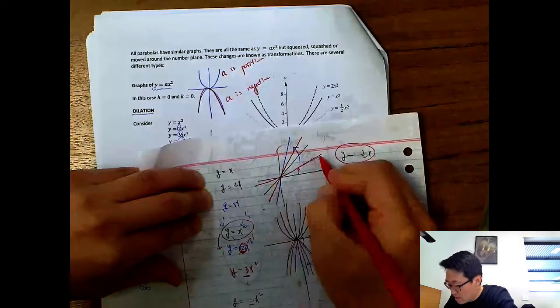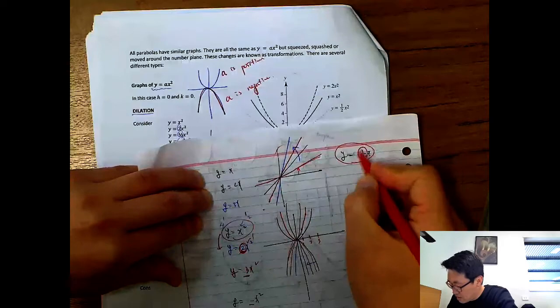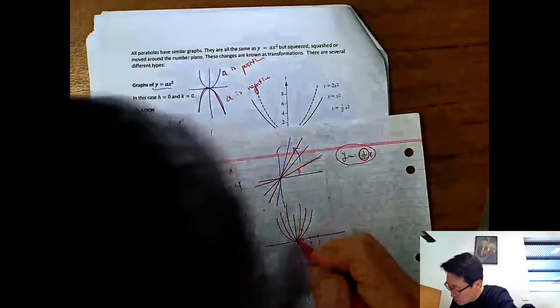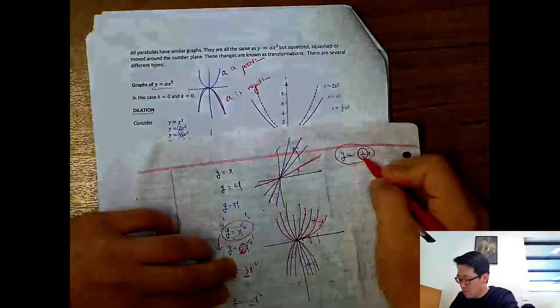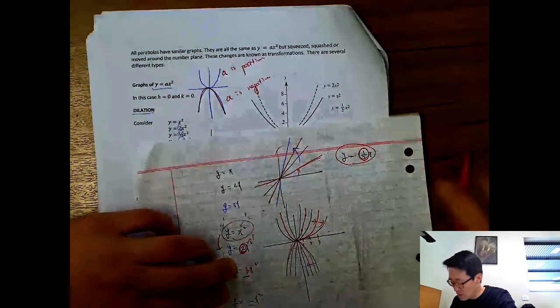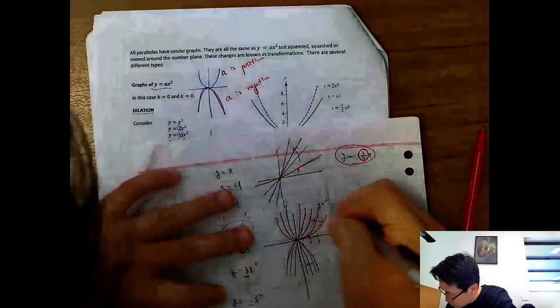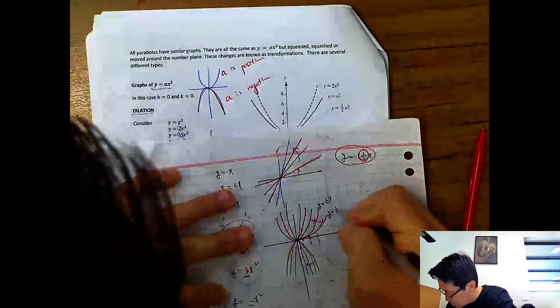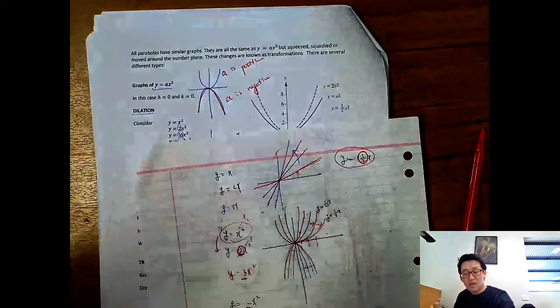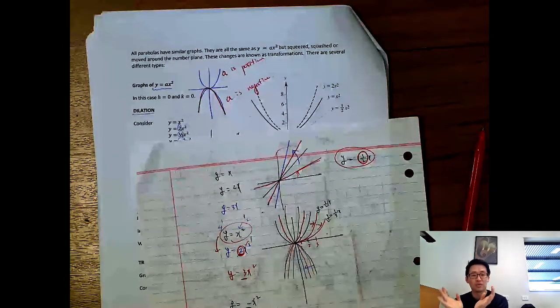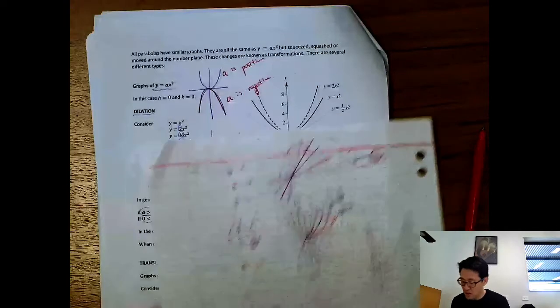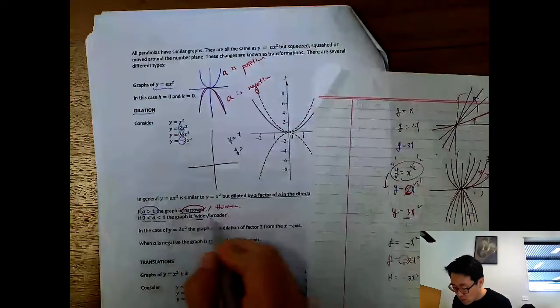Same way, when the number is between 1 and 0, it will be wider, which means it increases slower and slower when that number is smaller and smaller. So in this case, y equals half, y equals a third, the increasing size is smaller and smaller, and the graph looks wider and wider. That's why they call this wider or broader.